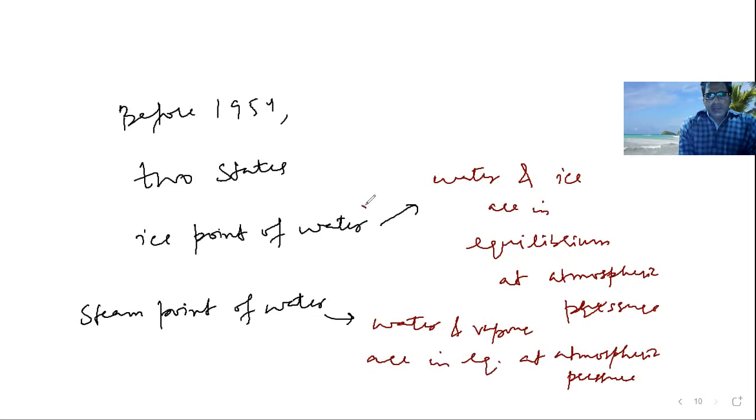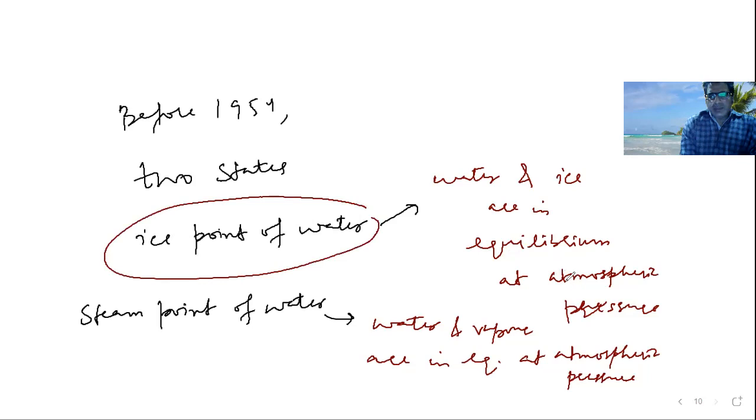This is sometimes called normal. Steam point is called the normal boiling point, and ice point is called the normal melting point.